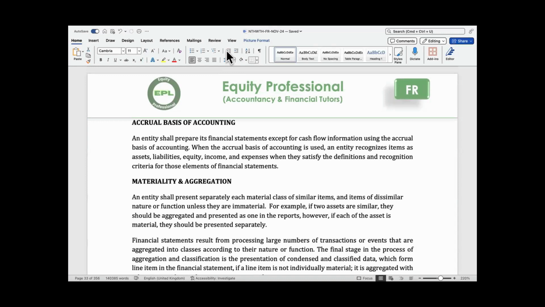So that's why most entities would maintain an aged receivables table. So it's not something that will take long before you are able to collect it.